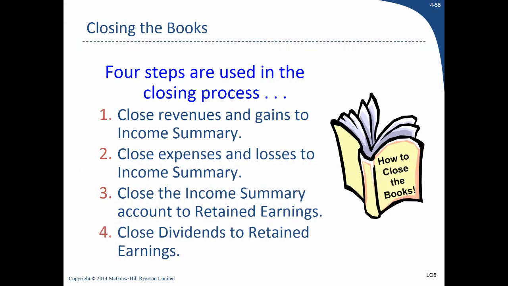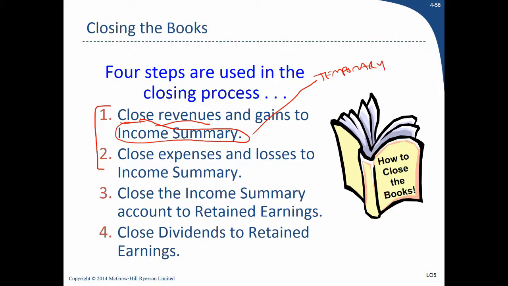Okay, so the steps in the closing process, you can think of steps 1 and 2 as actually one step. We close revenues and gains to this account that you've never seen called the income summary. The income summary is actually a temporary account, and it's just a placeholder.